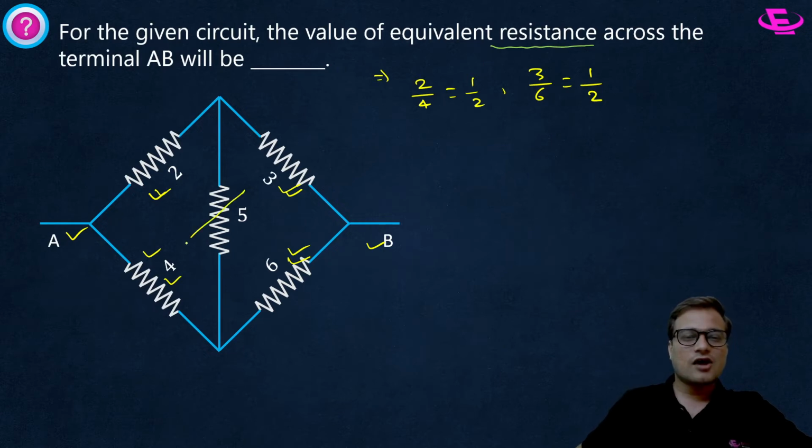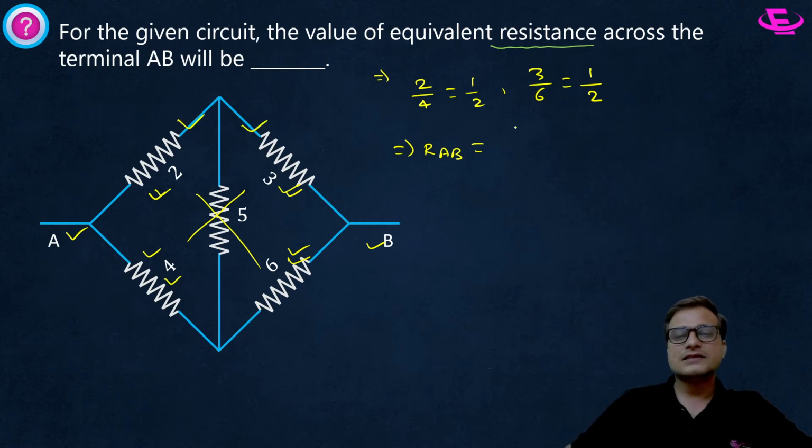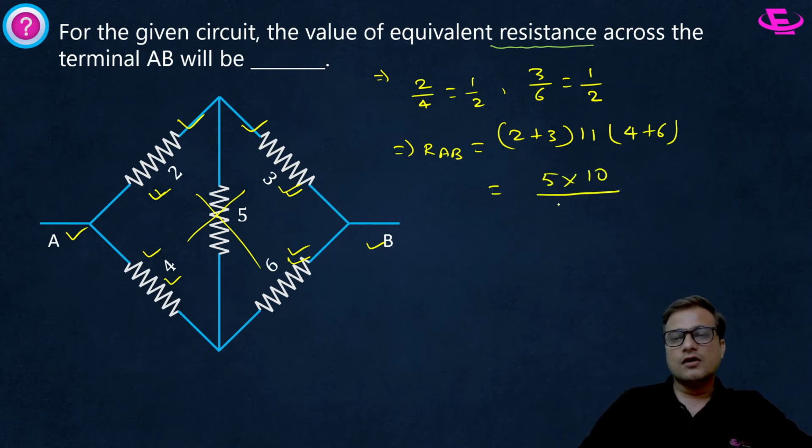Balanced means now you are the captain of this bridge. You have removed the 5 ohm resistance. Hence, if you write RAB, the upper part is 2 plus 3. 2 ohm and 3 ohm are in series, in parallel with the lower part, which is 4 plus 6. That means it will be equal to 5 into 10 divided by 5 plus 10, that is 50 by 15.